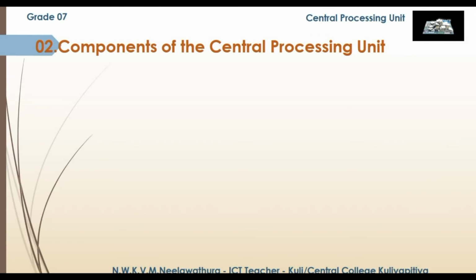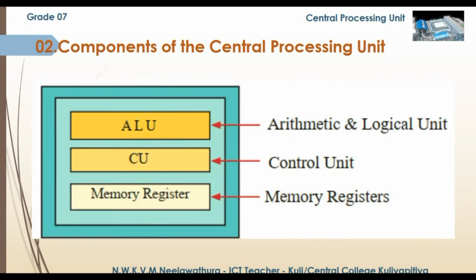Let's learn about components of the Central Processing Unit. The Central Processing Unit consists of three main components: ALU, CU, and memory register. ALU means arithmetic and logical unit. CU means control unit.